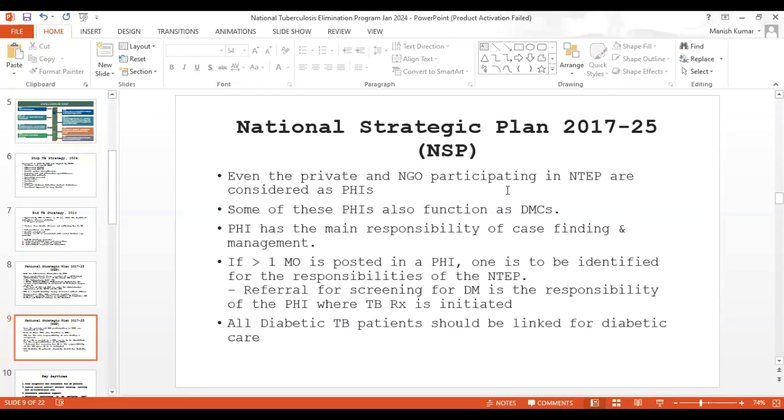So the PHI has been given the responsibility of case finding and case management. If there is less than one medical officer posted in a PHI, one is to be identified. If there is more than one medical officer posted, then one is supposed to be identified for the responsibilities of NTEP and referral for screening.